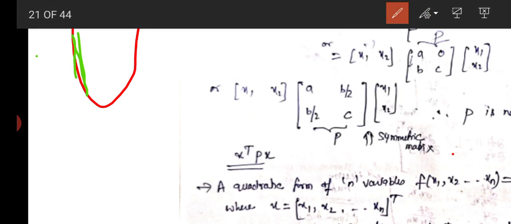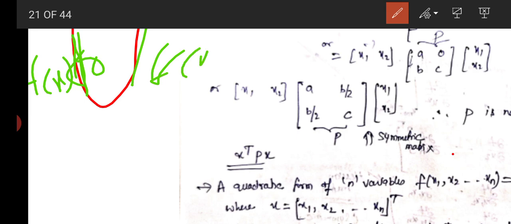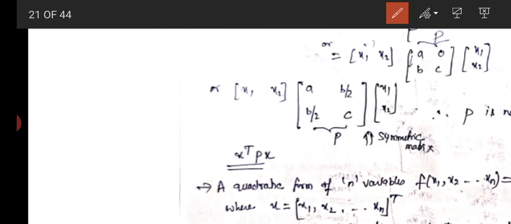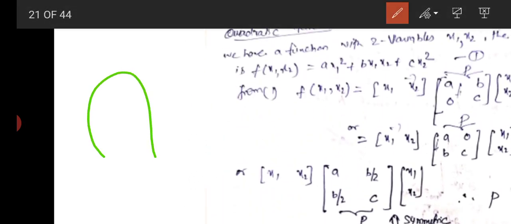Up to this value, f'(x) is less than 0. However, here f(x) is increasing, f'(x) is greater than 0. At this point f'(x) equals 0. This is the minimum value of this function. However, for this other function, f'(x) is equal to 0 here, and this is the maximum.